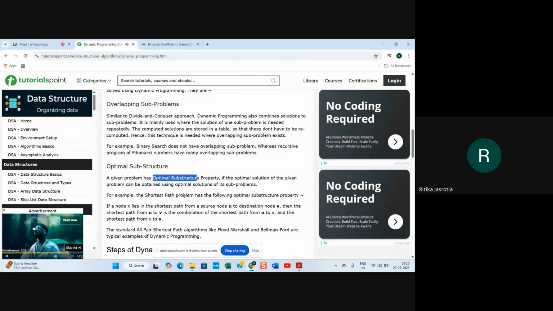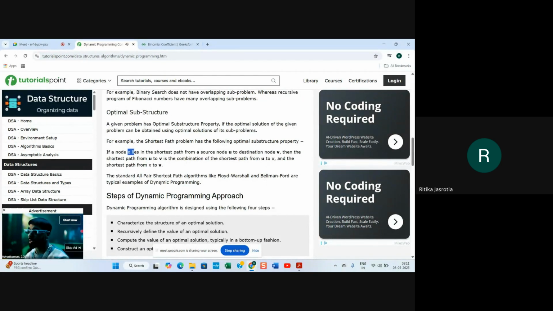For example, the shortest path problem has the following optimal substructure property. If a node x lies in the shortest path from a source node u to a destination node v, then the shortest path from u to v is the combination of the shortest path from u to x and the shortest path from x to v. So if a node x lies in between u and v, this will be the optimal substructure of the problem.